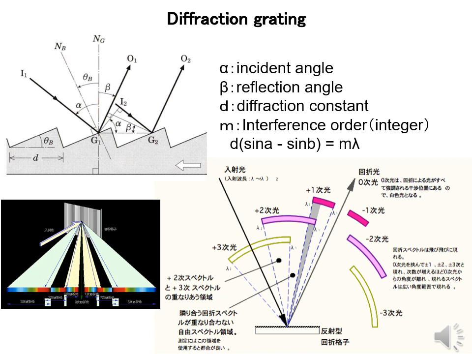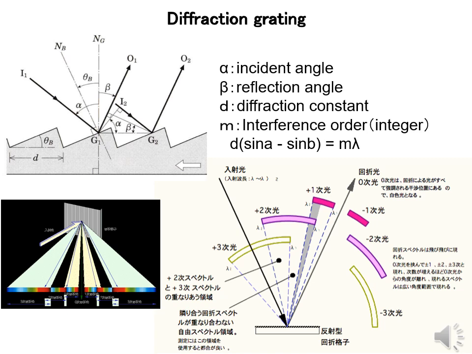When white light with various wavelengths is incident on it, the reflection angle changes depending on the wavelength, and the reflected light appears rainbow-colored. The figure above shows the cross-section of a diffraction grating, which has a sawtooth cross-section.